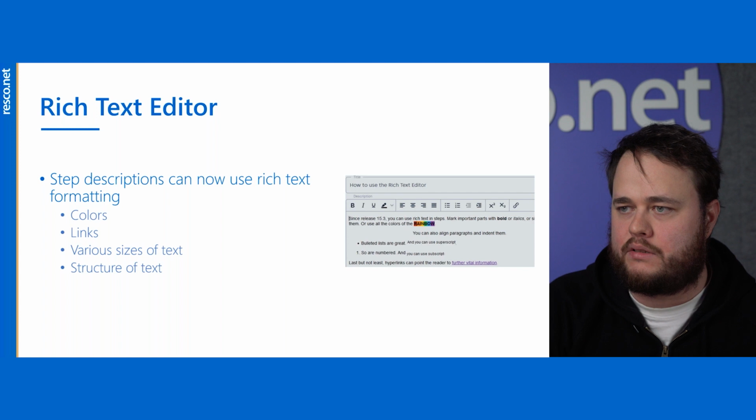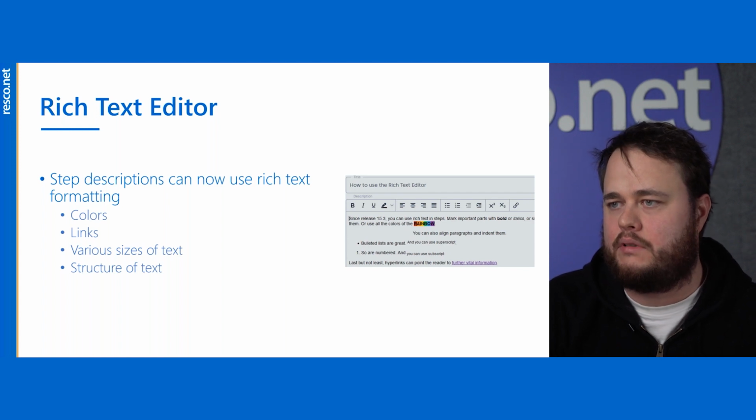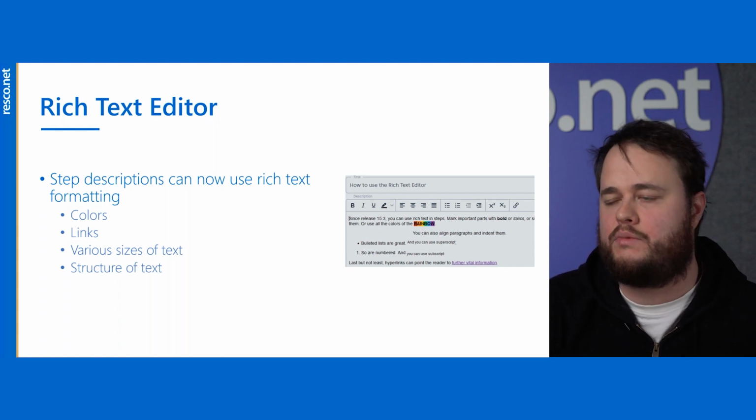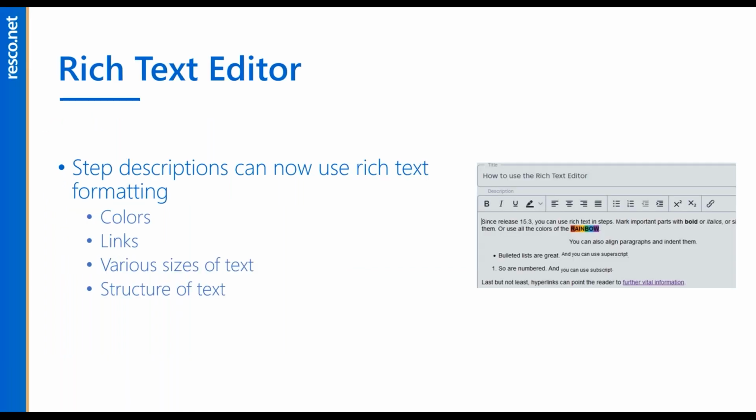So there will be an underscore on the text, so you know that there is a link as a part of the description in a step. You are able to make various H1, H2, and all this kind of stuff from HTML. And another thing is the structure of text, so you can make paragraphs, numbering, bullet points, and all this kind of magic stuff.